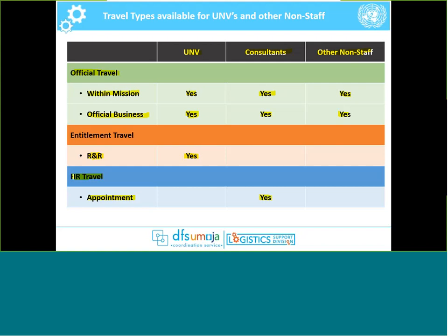But if you need to onboard a consultant, as a travel administrator for non-staff, you will also be able to raise an appointment travel request within the HR travel category to onboard the consultant.